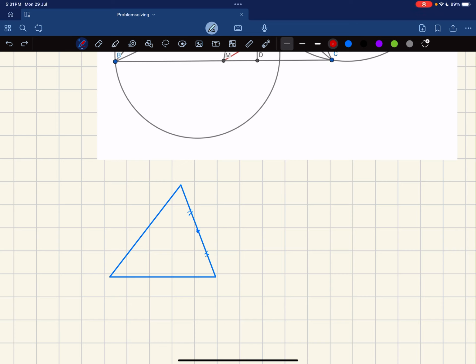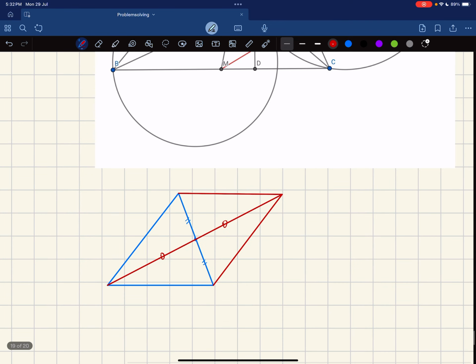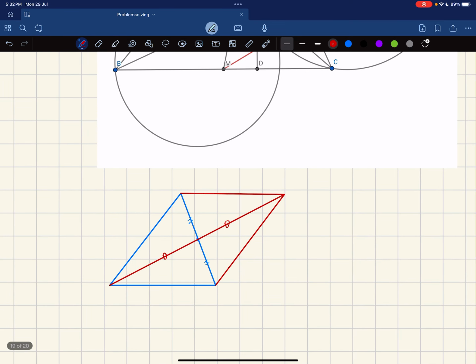My answer is to extend these segments such that these two segments are equal. So what is this one? It is a parallelogram, right? What can a parallelogram bring? Of course, parallel lines.